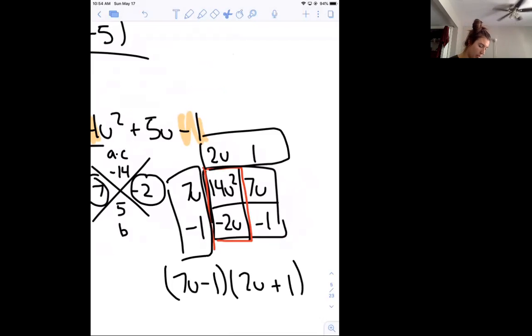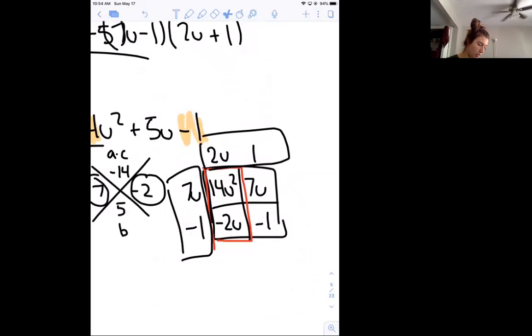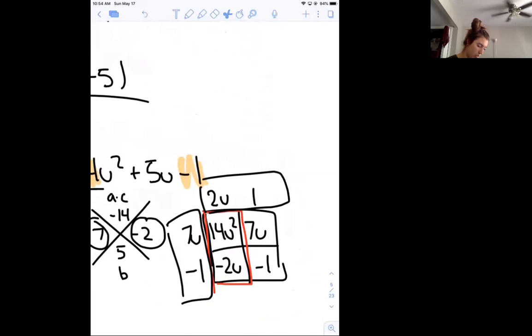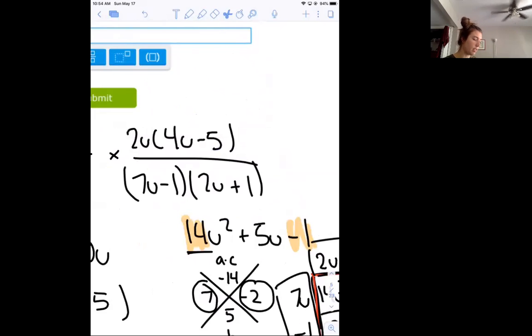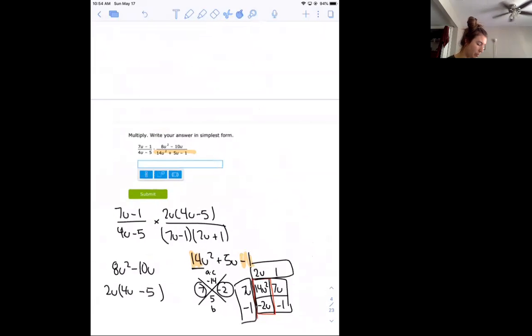So now I'm going to go ahead and take this and move it there, because that is the factored form of the big 14u squared plus 5u.